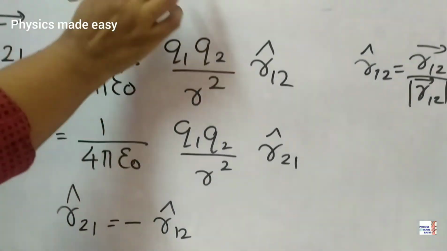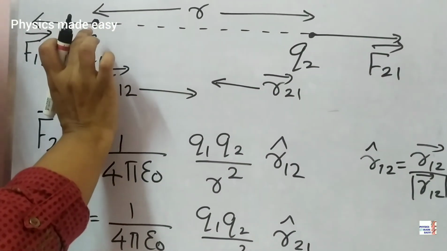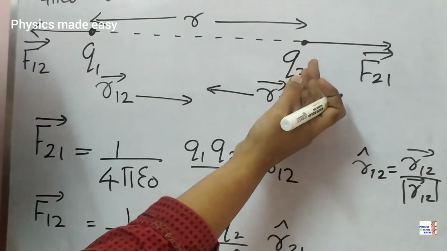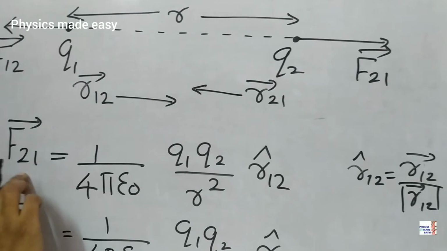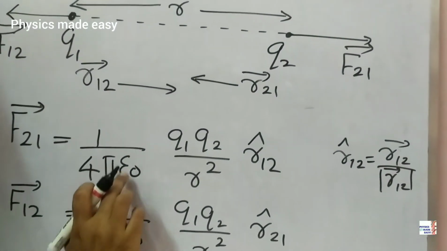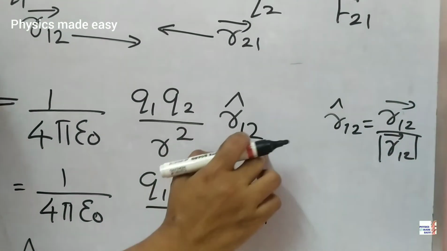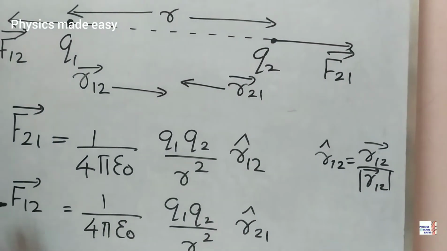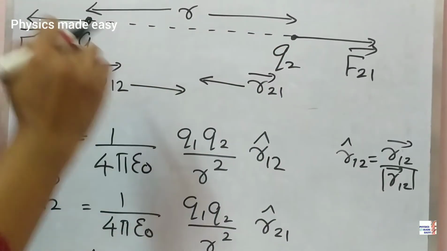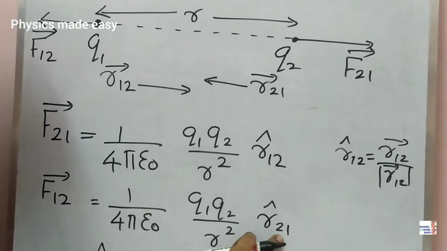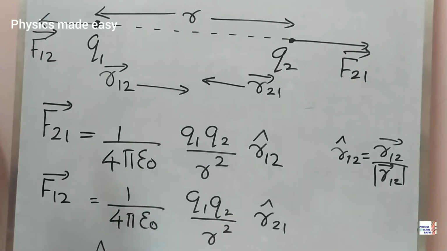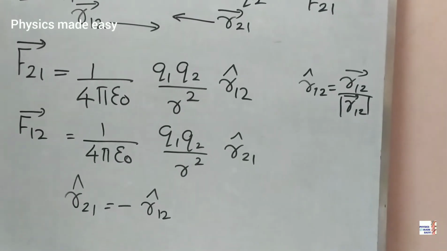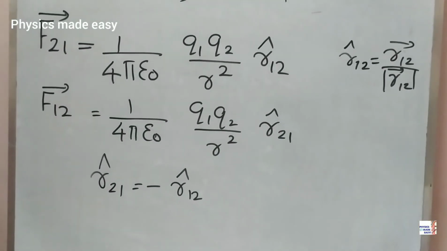Here r12 means directed from q1 to q2, but r21 is directed from q2 to q1. In our expression F21, 1 by 4 pi epsilon 0 q1 q2 by r square, r12 is in this direction, that's why this is r12. But coming to F12, that is from q2 to q1, that's why you can see the unit vector r21 here. Both are in opposite direction, so unit vector r21 is equal to minus unit vector r12.